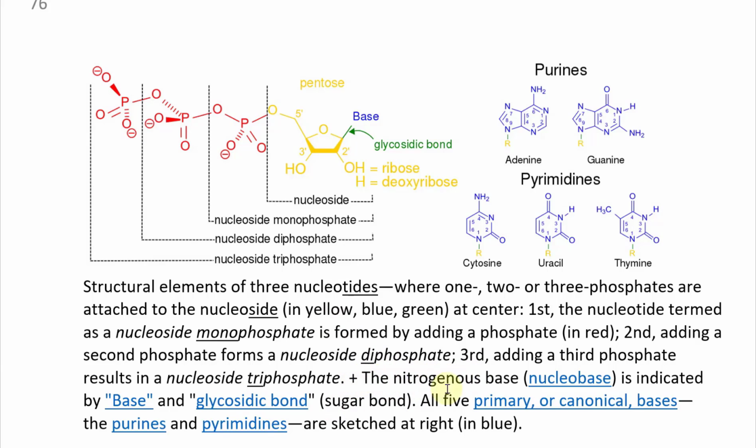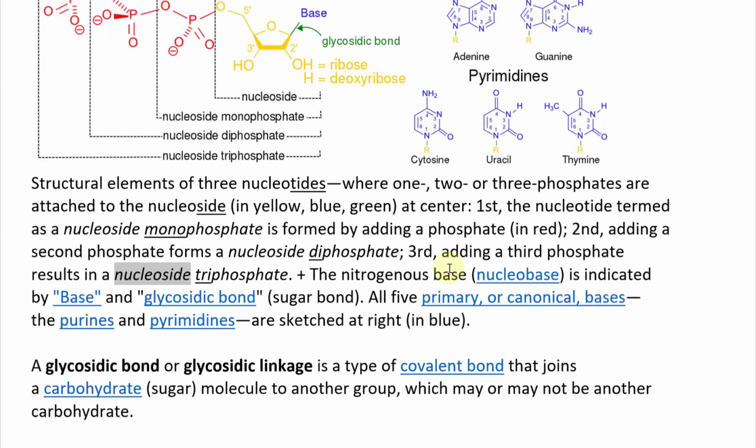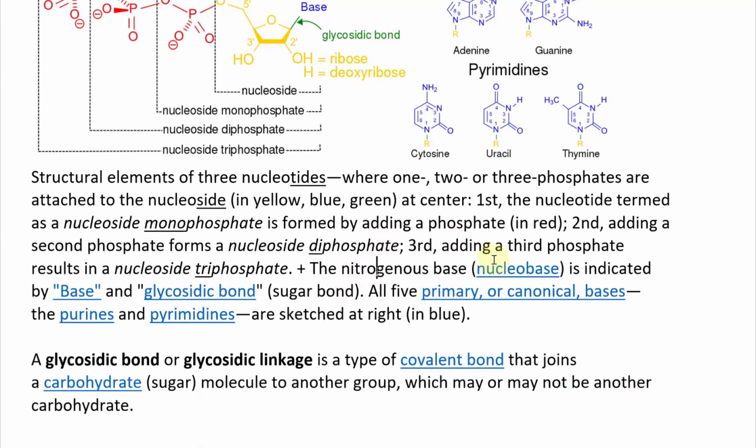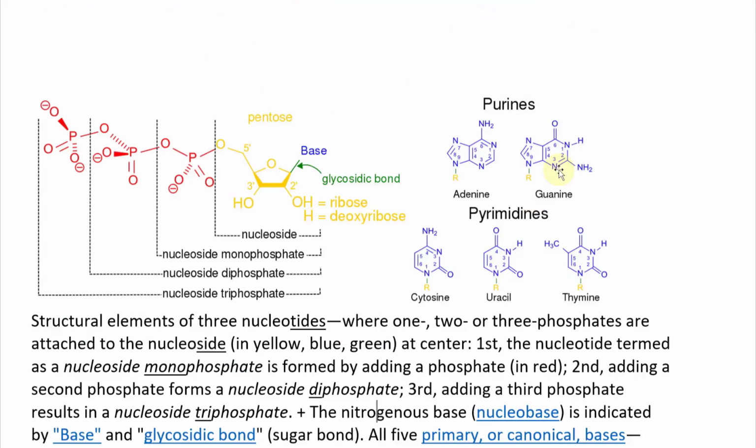The nitrogenous base is indicated by base, in blue here. The nucleobase is indicated by quote base and glycosidic bond, or the sugar bond. All 5 primary or canonical bases, the purines and pyrimidines, are sketched at the right in blue.